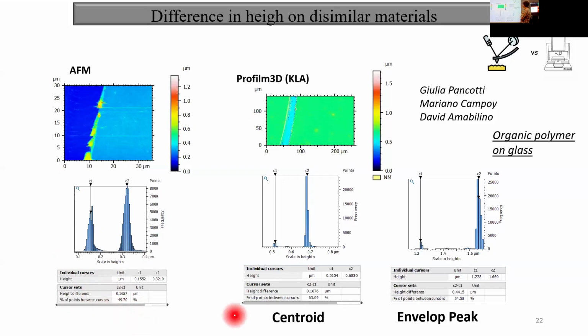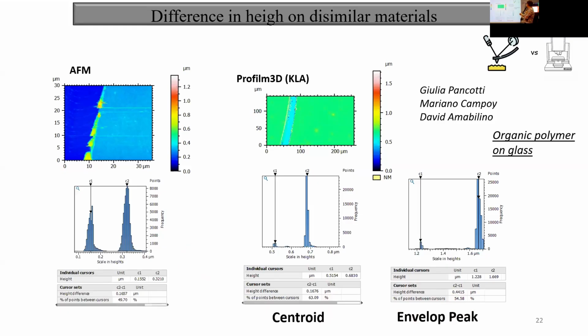Depending on how we measure the same scratch with optical profilometry with two different fitting modes, with the centroid of the envelope peak, we get a very nice, I mean, the same result, 170, but with the envelope peak at the very same location, we get 440 nanometers, okay?